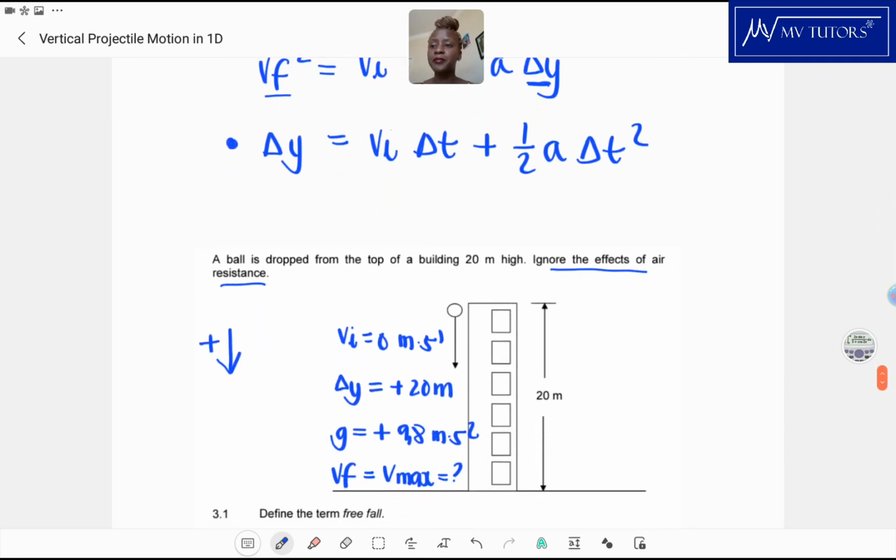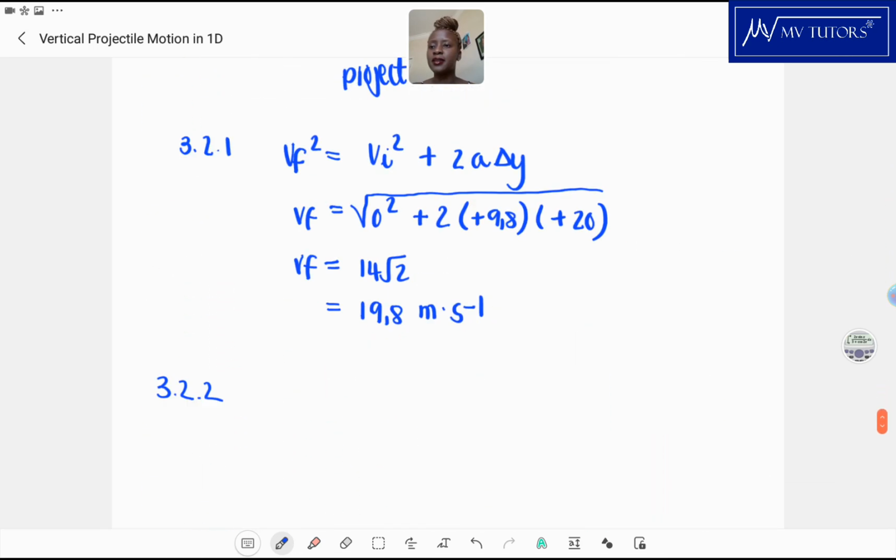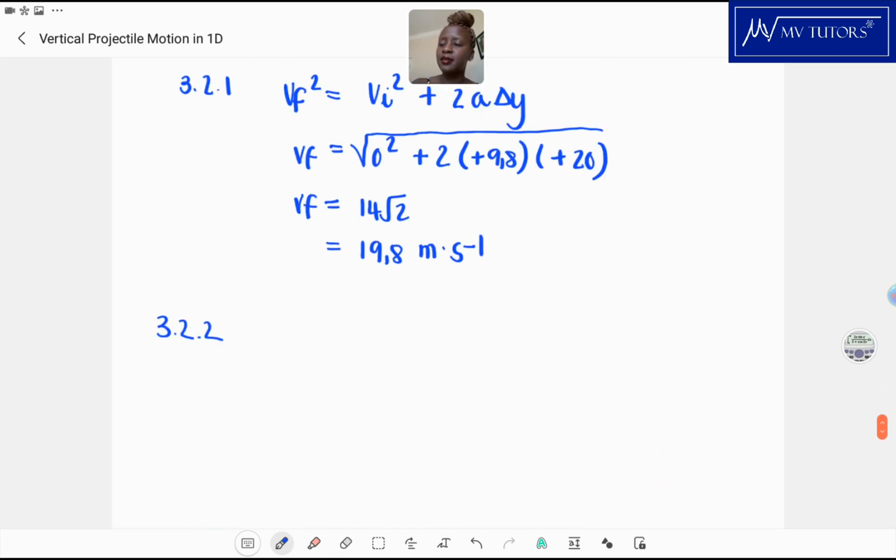Delta y is equal to initial velocity times t plus half acceleration t squared.